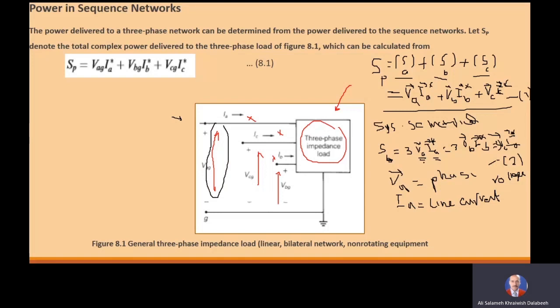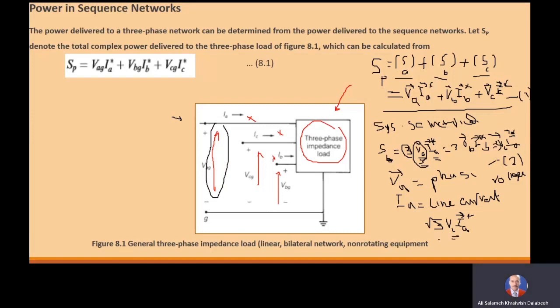This is a phase voltage. It is not the line-to-line voltage. If this voltage is line-to-line, then instead of 3, we multiply by the root of 3, so it is root 3 multiplied by VL multiplied by IA conjugate. It should be noted whether the voltage you use is a phase voltage or a line-to-line voltage.